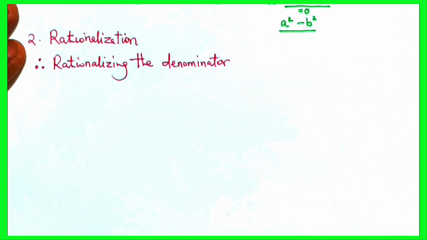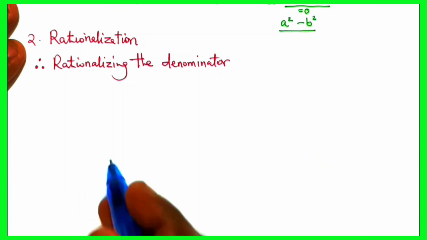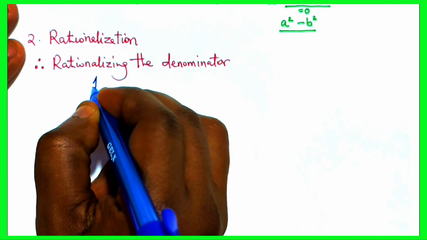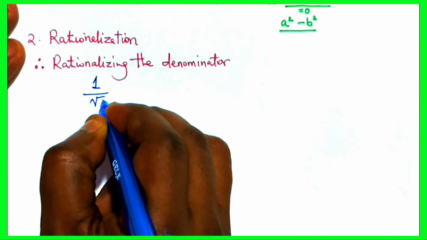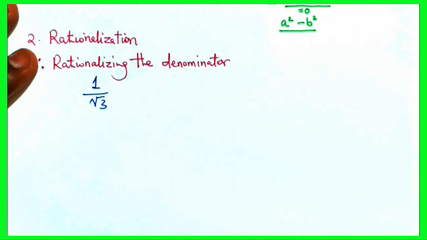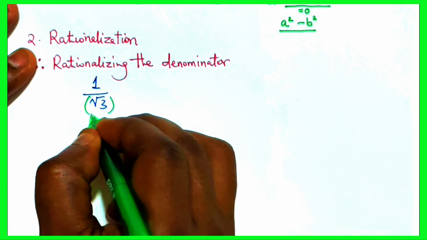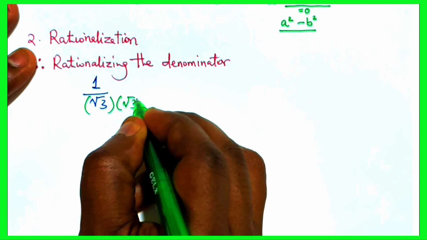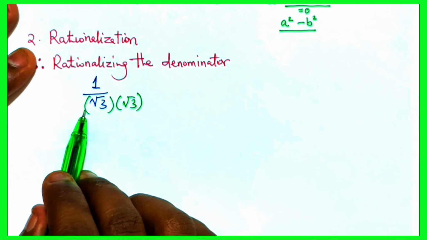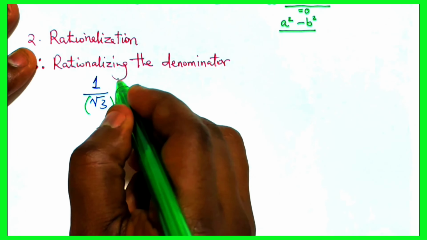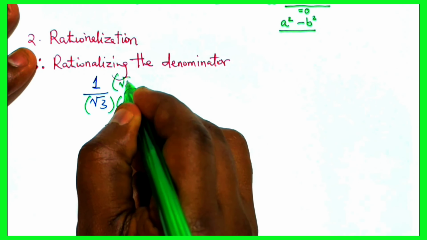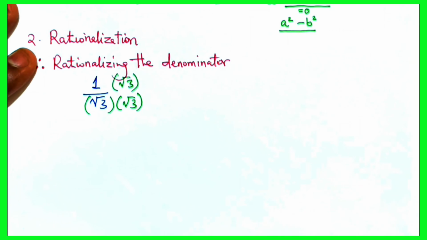For instance, we can consider a fraction like 1 divided by root 3. We know that the conjugate of root 3 will be root 3 itself. And therefore, what we multiply on the denominator, we also multiply on the numerator, so that we end up with that.